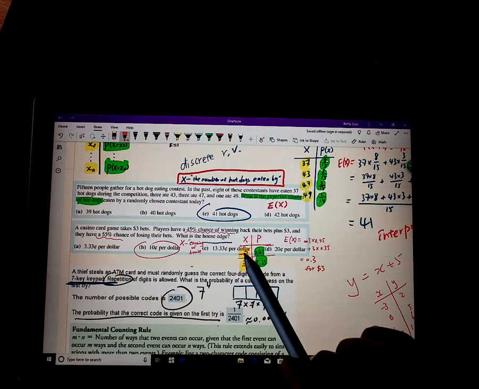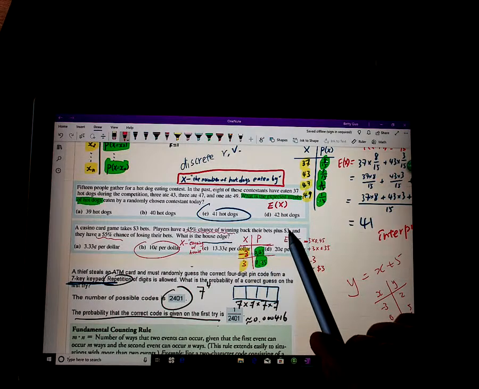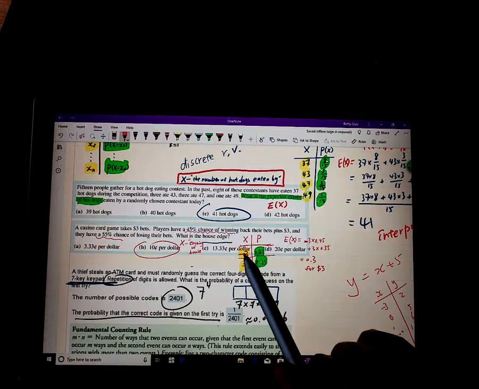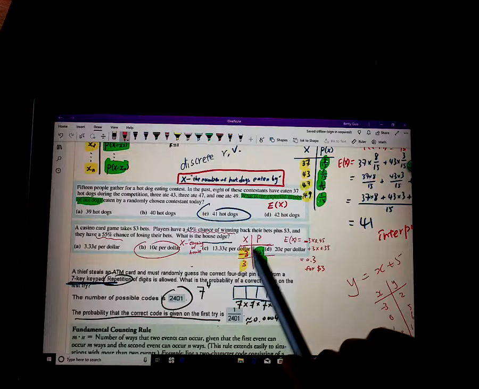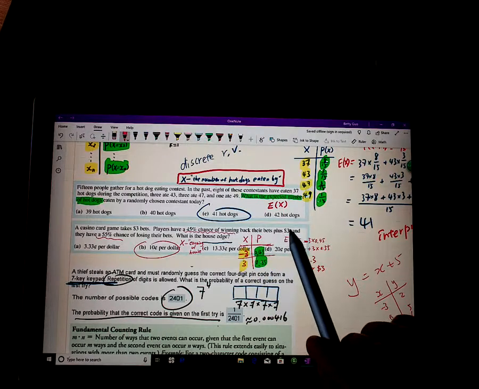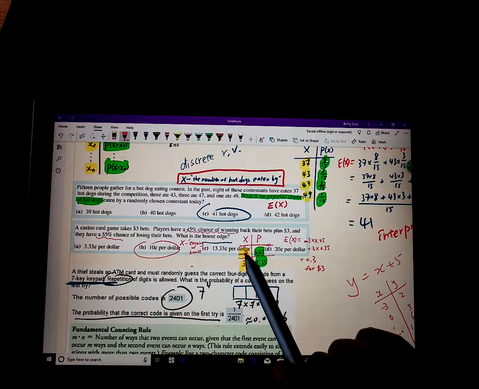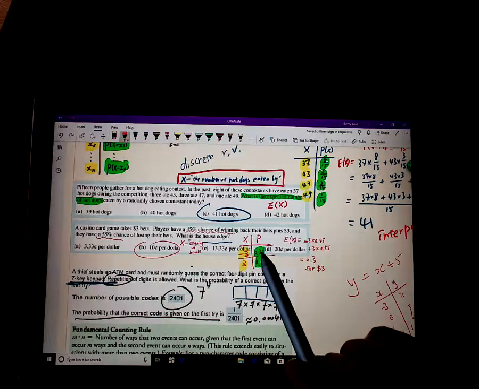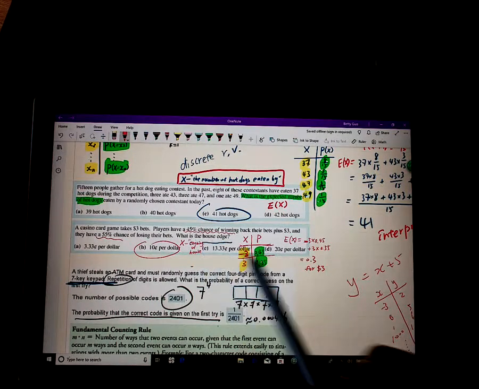Loses how much money? Loses $3, right? The player bets $3, and if they win, they get back their bet plus another $3. So the casino would lose $3 if the player wins. And that probability is 45%, which is 0.45.